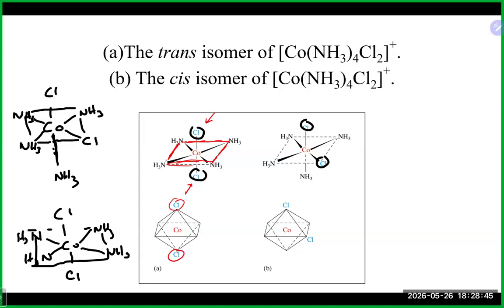When we look at the next one here, once again, this is the plane of the molecule. We've got our chloride here and our chloride here at almost a 90-degree angle from each other, both on the upper end or the bottom end, depending on which way you're looking at it. That is our cis arrangement. So this is our octahedral arrangement in terms of the geometry.